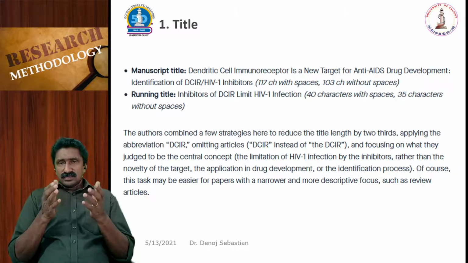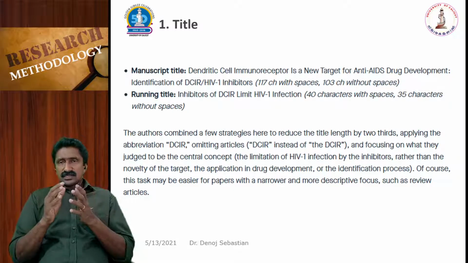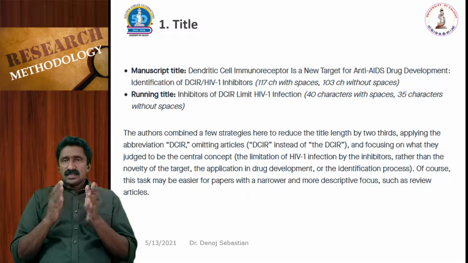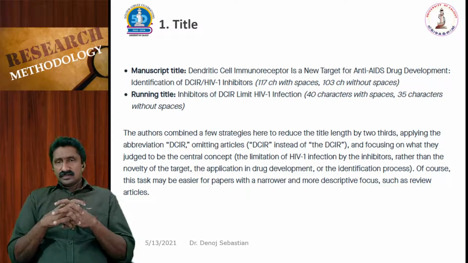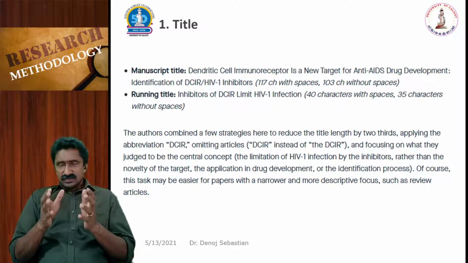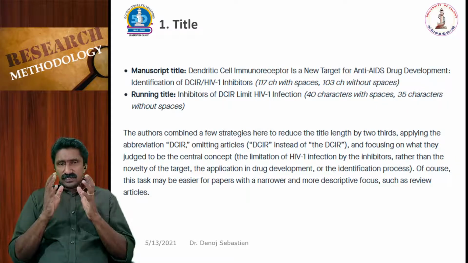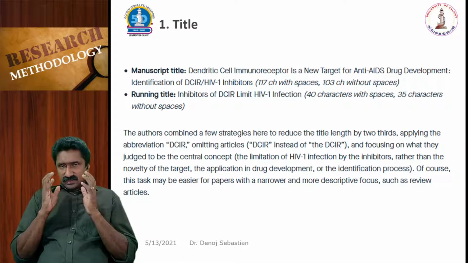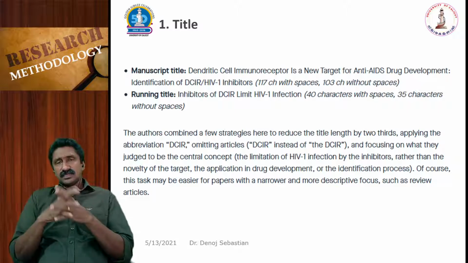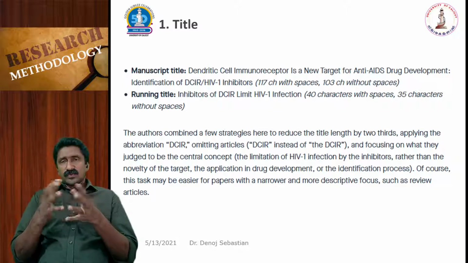The new or novel target is not the focal point, whereas the action of the drug, the inhibitor, is. The limitation of HIV infection by these inhibitors is the actual focal point of the work.